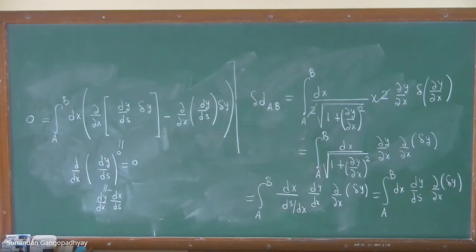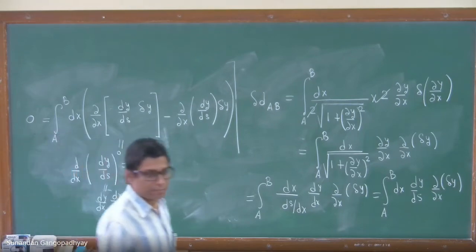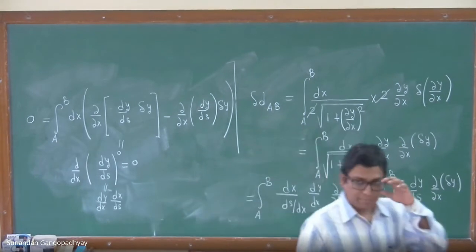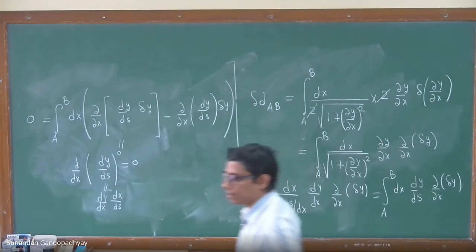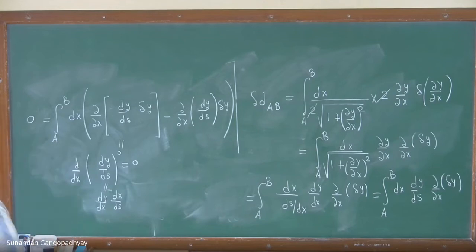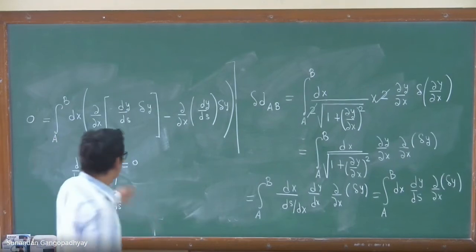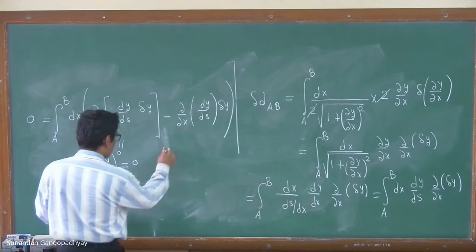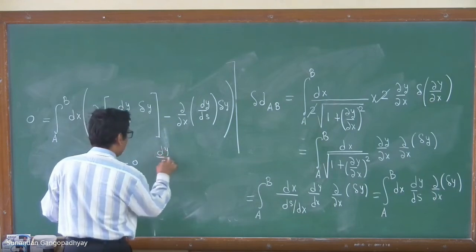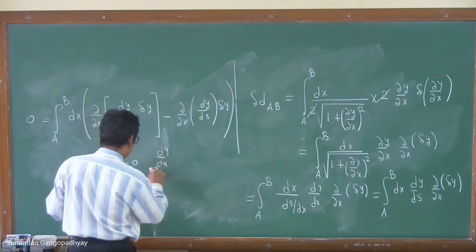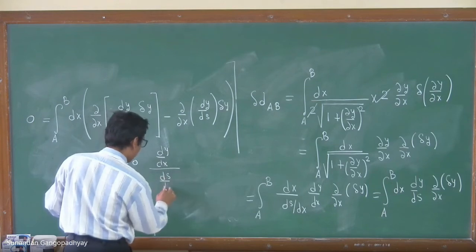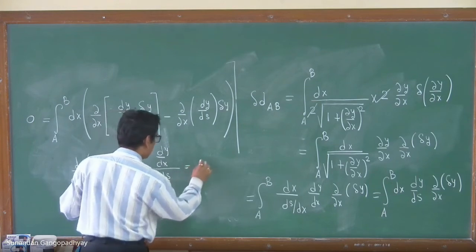So this was a very simple problem. Now I leave it as an exercise for you to do. Do the same thing, the same exercise on the surface of a sphere and tell me the answer. Basically, you have to find, from here we will get dy dx divided by ds dx equal to constant c.